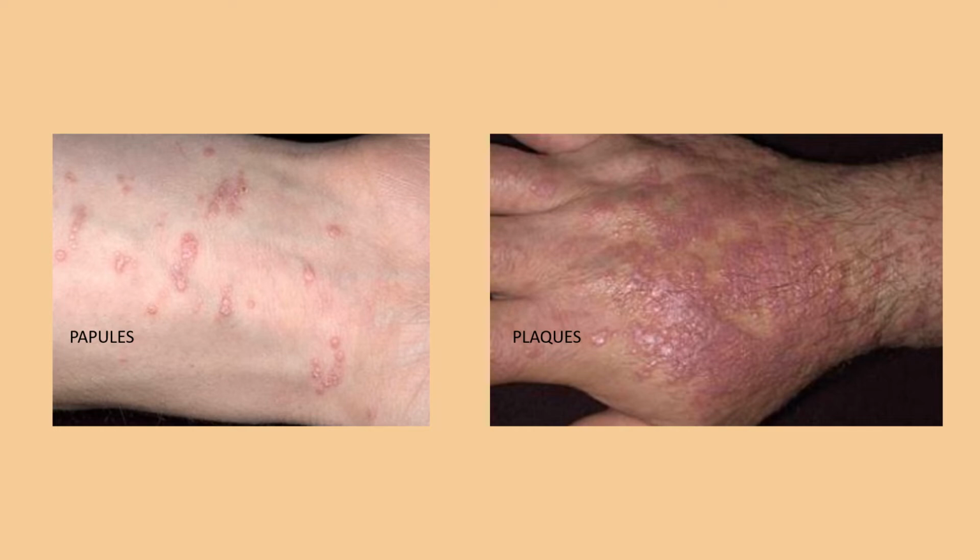Plaques are papules that coalesce to form surface elevation wider than 1 centimeter. A plateau-like disc-shaped lesion, where examples are psoriasis and lichen planus. Nodules are solid, elevated, hard or soft, and larger than 1 centimeter lesions, and may extend deeper into the dermis than a papule.